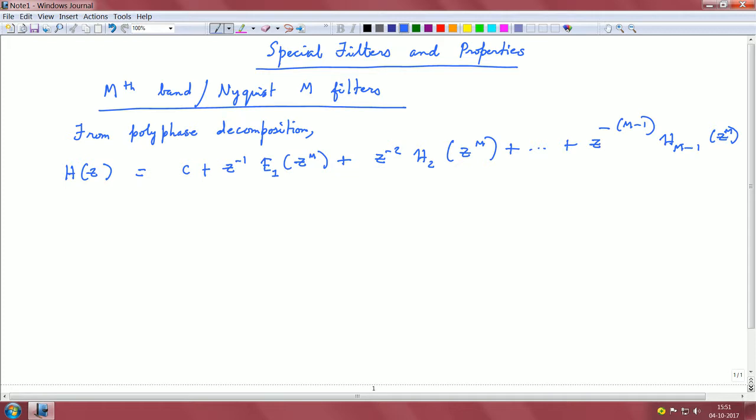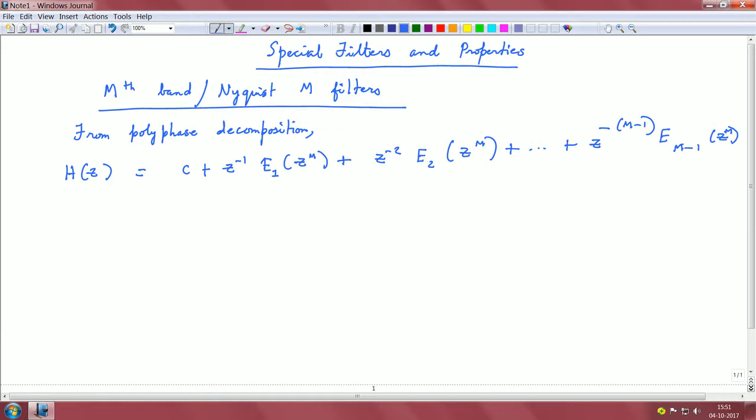I think this must be E1 here. Okay. So, h of z can be written as c plus z power minus 1 E1 of z power M, z power minus 2 E2 of z power M, and so on and so forth.